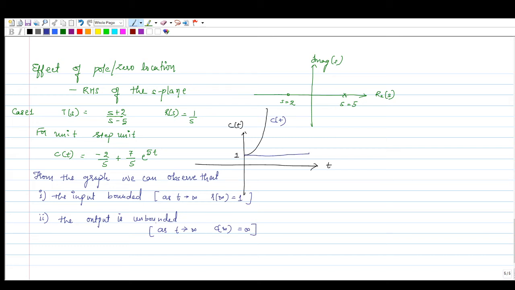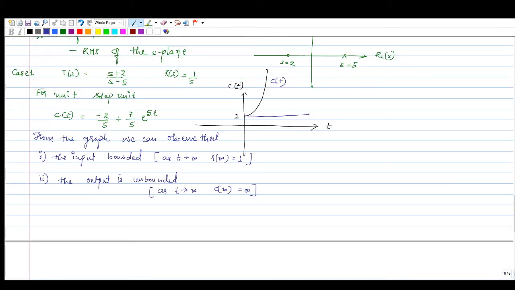Based on BIBO stability criteria, which we discussed in the introduction class of control systems, the system is unstable.